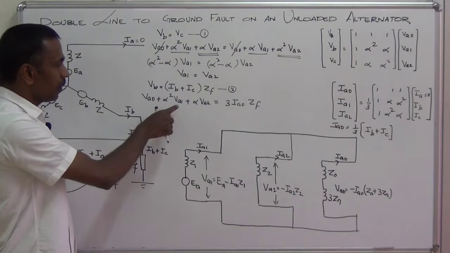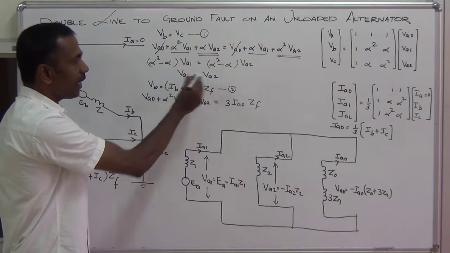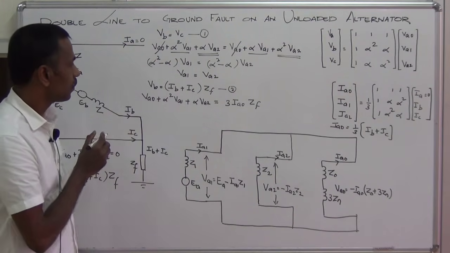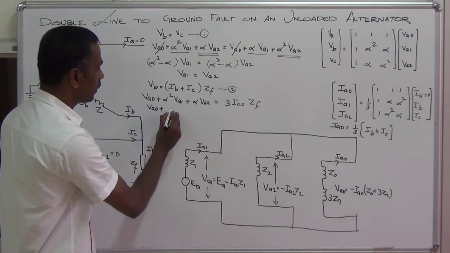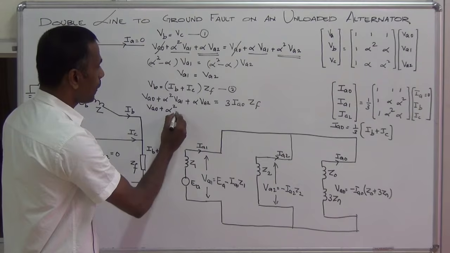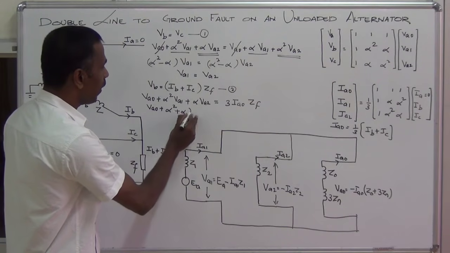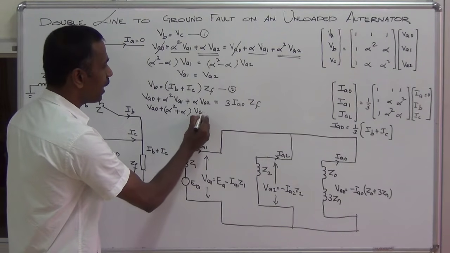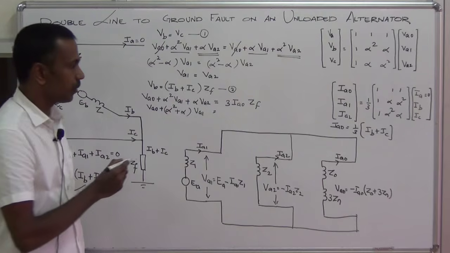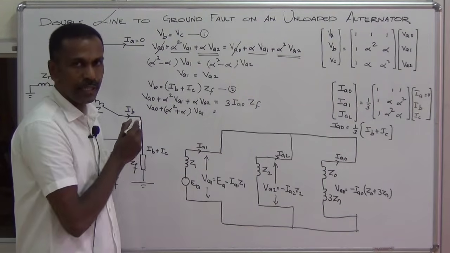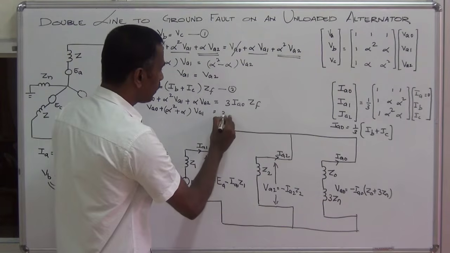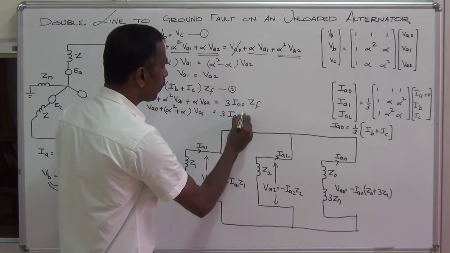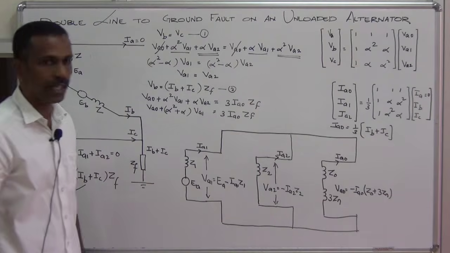Now, in our case, VA1 equals VA2. So we can write this as VA0 plus alpha square plus alpha into VA1 equals 3 IA0 into ZF, because these two voltages are equal.